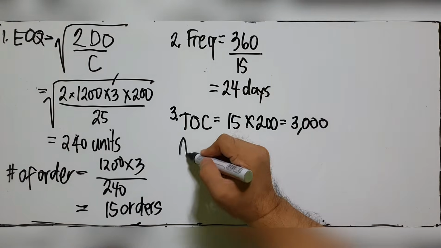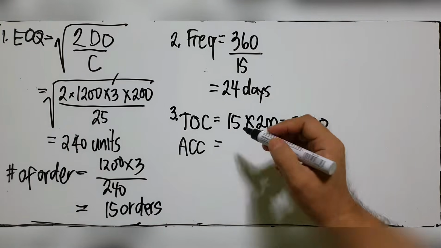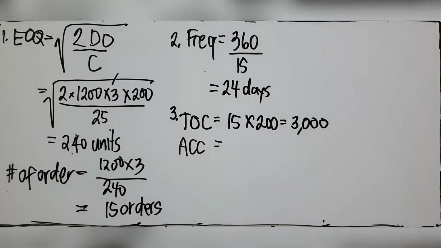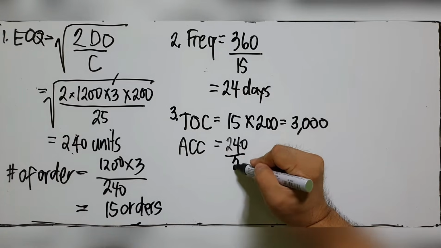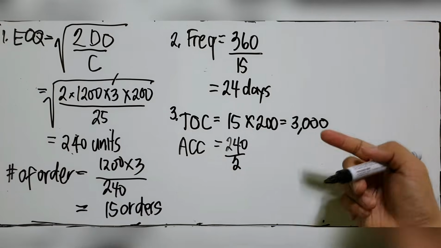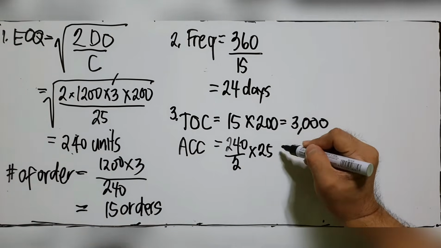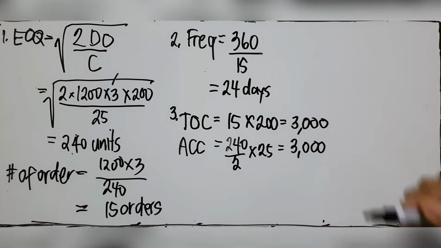And then what is our annual carrying cost? That is equal to, ilan bang inventory natin on the average? The inventory is 240 units, so we will keep that on the average. That is 240 over 2. That is average inventory, the quantity divided by 2. Multiply natin ang carrying cost per unit, which is 25. So the answer is, after calculating that, the answer is also 3,000.